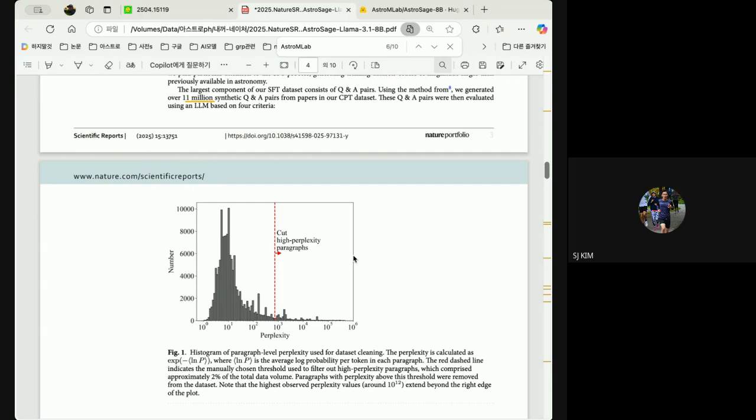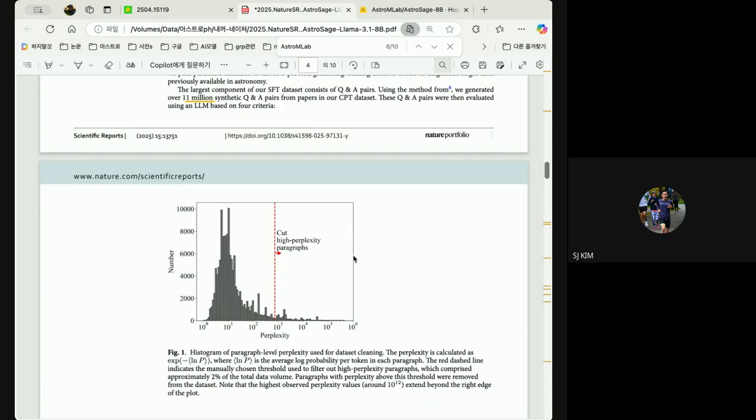If you give a very difficult question, the large language model cannot answer or shows weird behavior, and this perplexity means the model understands the question, and then they cut this part. So they chose only this part.